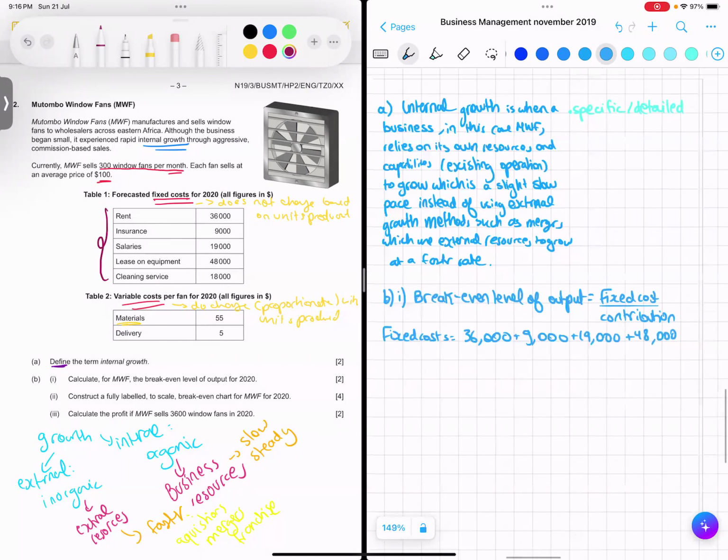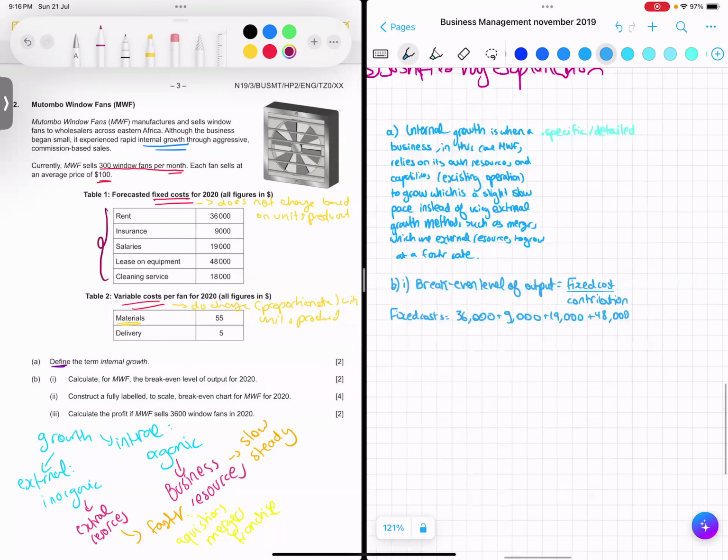So I'm just gonna calculate them, guys. Just give me a minute. Okay, so we get $130,000, and you should write the currency. Actually, not preferable, it's necessary because some examiners will not be pleased otherwise. And now we did the fixed cost part.